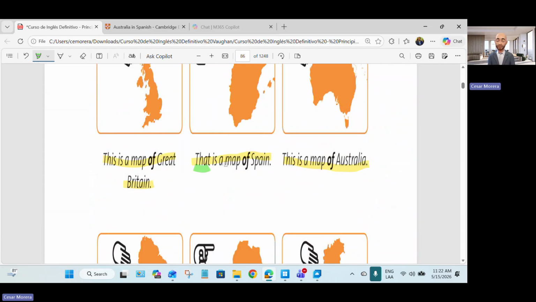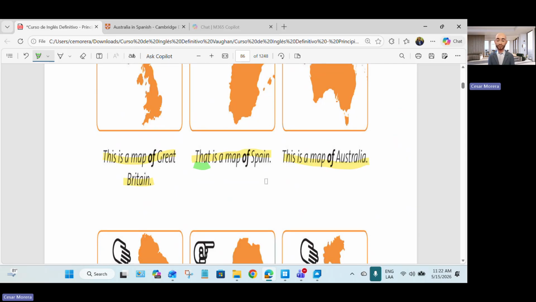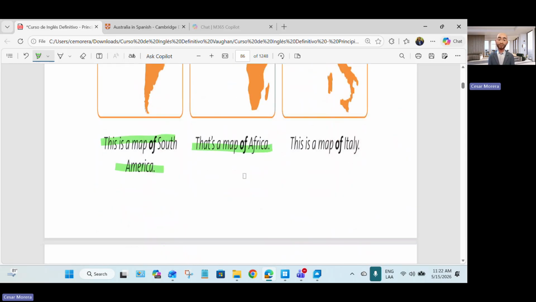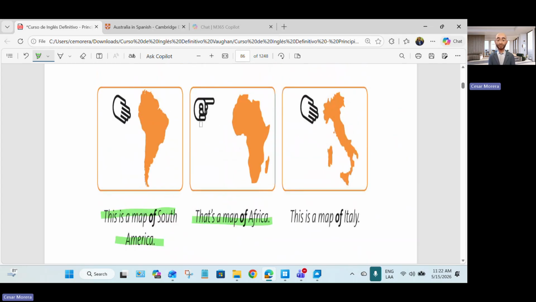So that is a map of Spain. That is a map of Spain. That's a map of Africa. See, the object is a little bit far. That's a map of Italy, if it was the same example. But in this case, it is actually close, so it will be, this is a map of Italy.